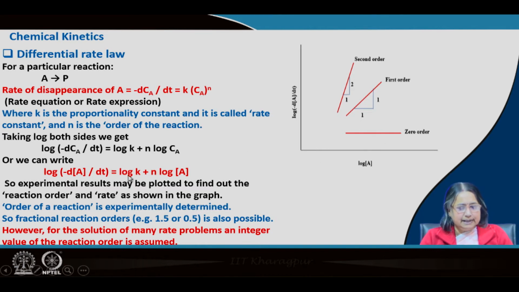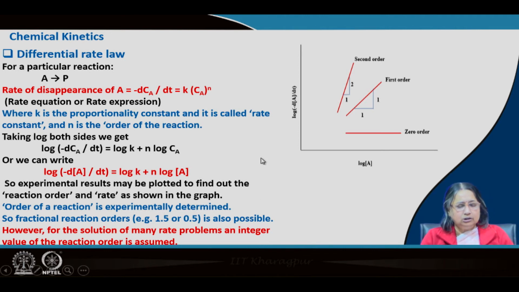It is the equation of a straight line, so you will get straight lines, but the slope will be different. In case of a second order reaction, because n is 2, you will get slope 2. In case of a first order reaction, you will get slope 1, and in case of a zero order reaction, you will get a straight line parallel to the x axis. So, it is possible to determine the order in this way.